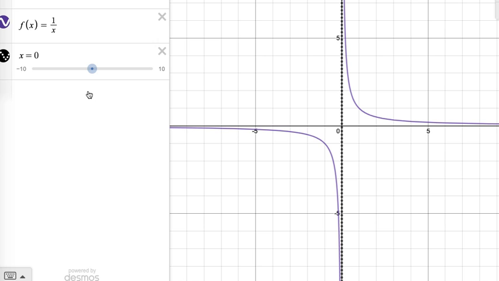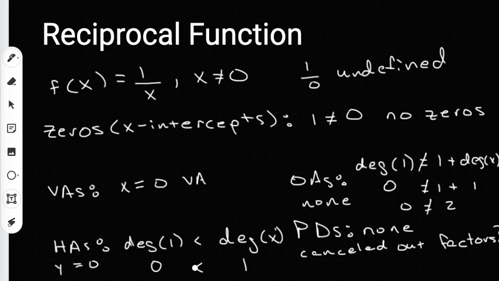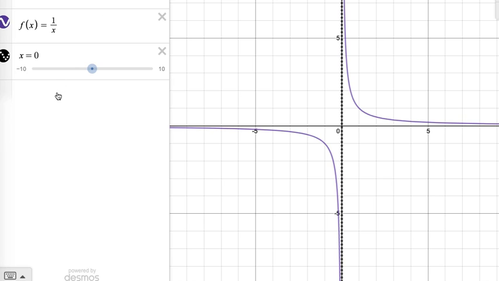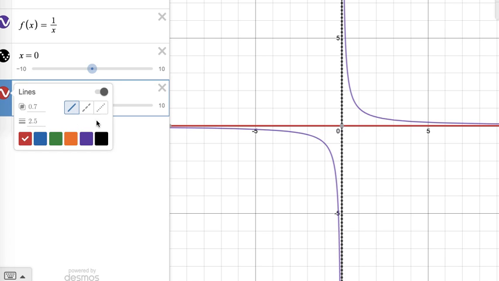Now let's graph the horizontal asymptote. If you remember from the slide, our horizontal asymptote was y equals 0. We're going to graph that, y equals 0. Okay, we get the x-axis. That's pretty neat. I'm going to make this a dotted line.